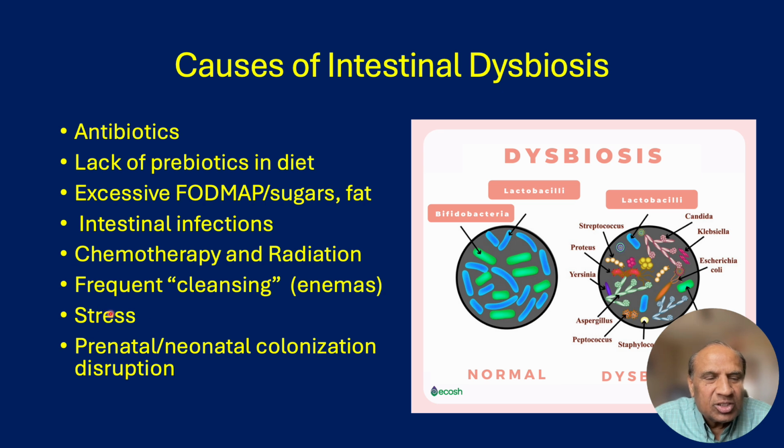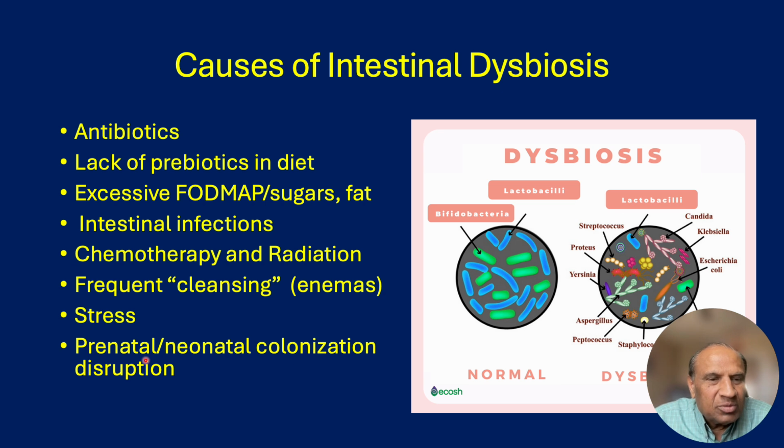It has been shown in studies that after very strenuous exercise like marathon running, there is an alteration in intestinal bacteria. And the last one that is just being studied now is how we acquire this bacteria in the first place in the intestinal tract: through the passage of the baby when the baby is born through the vaginal canal.